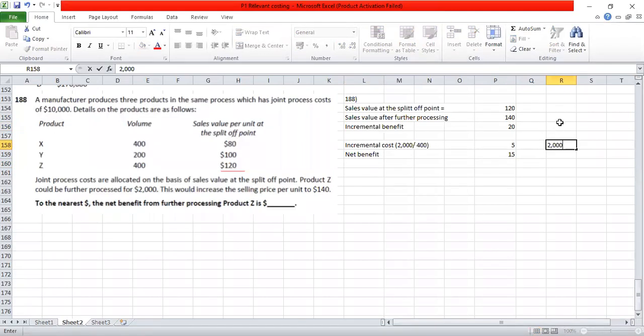The other alternative is to make it total benefit, 20 into 400, so the total incremental benefit will be 6000. Either way, because they are not very specific, the net benefit is all that is mentioned. We can present it as per unit, and we can also present it as total benefit.